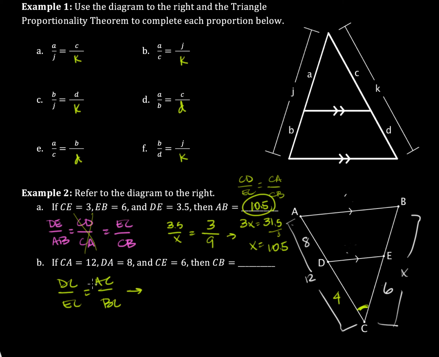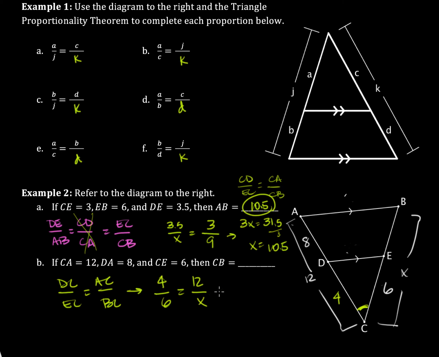Now if I fill in numbers or variables in some cases for these things, let's see what that looks like. It'd be 4 over 6, EC is 6, equals AC, which is 12, over BC, which is an X.